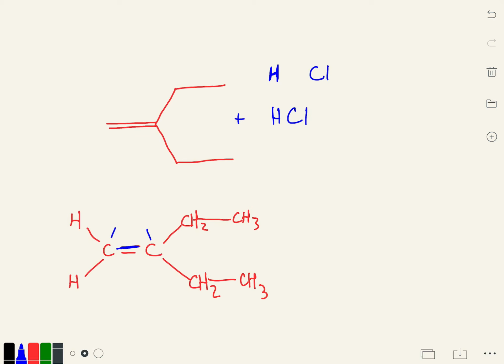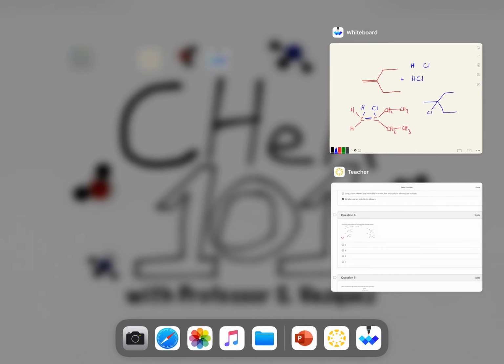So it's clear here which carbon has more hydrogens on it. So we'll send the hydrogen there and we'll send the chlorine there. And so your structure now looks like, so I guess it would be like that. There'd be a chlorine sticking out from that junction.